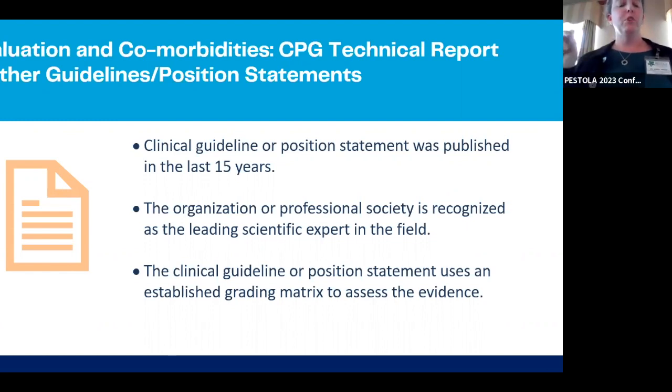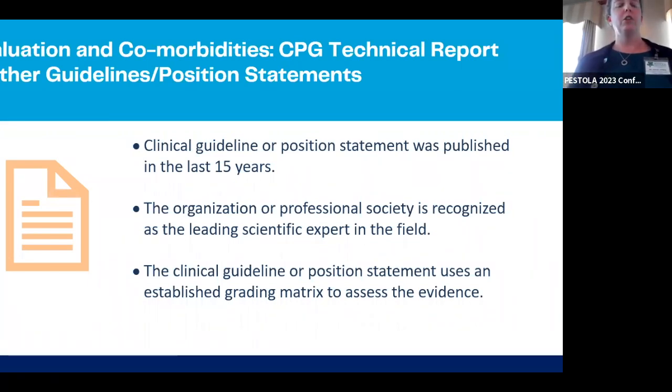The technical reports provided data on prevalence, age, and weight category associated with the comorbidity. So that was kind of the foundation. But really what we saw was the studies were limited on the optimal age for beginning evaluation and screening, the benefits and harms, as well as the type of test to use and the frequency of testing. So we leaned on clinical practice guidelines to help round out the recommendations here.